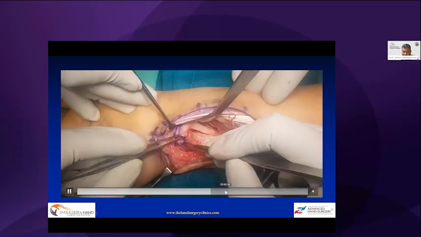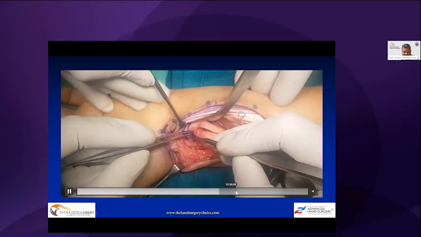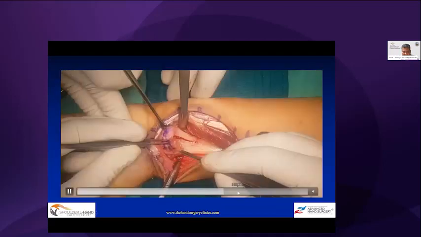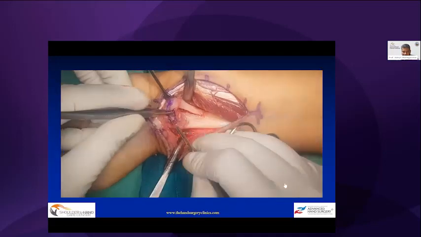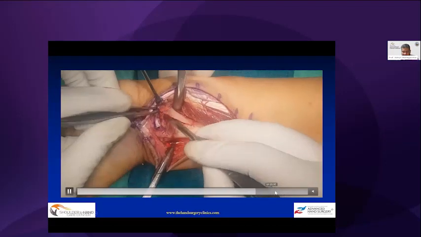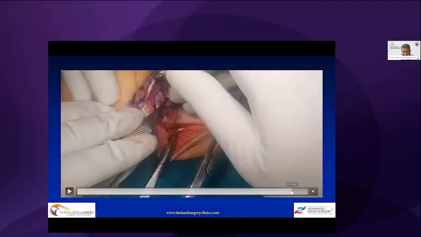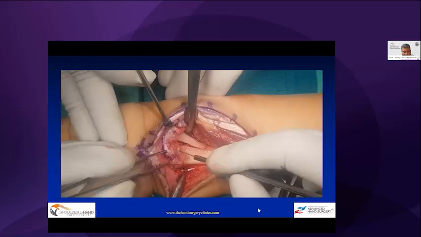It's very important not to destabilize the radiocarpal joint. And once you elevate that flap all the way from radial to ulnar, we'll see in a subsequent slide how that helps in placing the plate. You would elevate that flap and protect it and keep it out of harm's way.